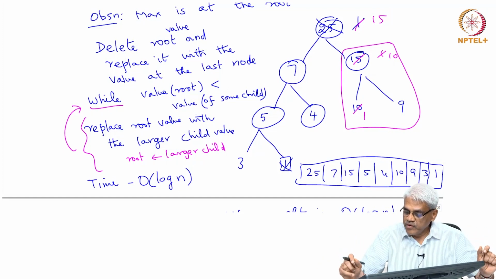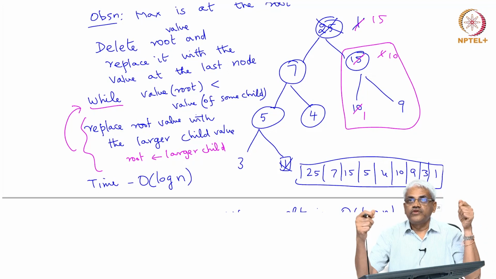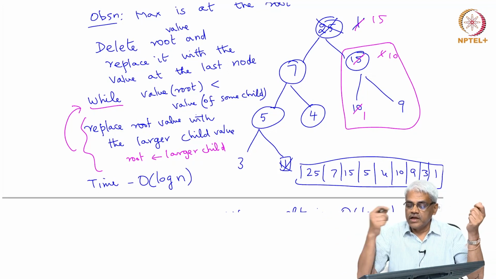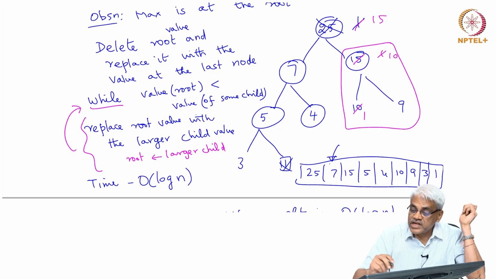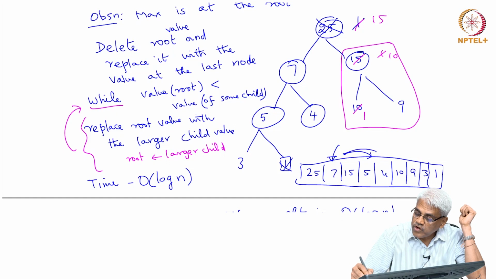I'll tell you why. Okay. So now first of all, how are pointers useful? Pointers are useful to tell you who is the left child and right child, right? But it turns out you can just use the indices to figure out left child and right child, because if this is the node 7, it is at location 2. You can verify, because of the level order traversal and it's a complete binary tree, that its children are at location 4 and 5.